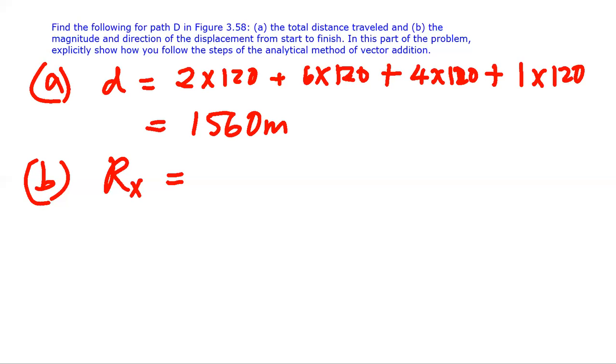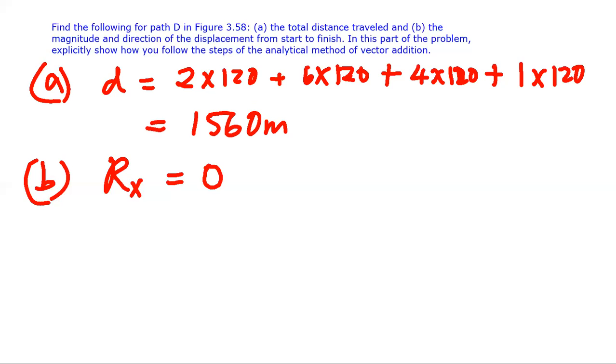So for the first displacement, is there any X component involved? A is only going in the Y direction. We're looking at the path D. So you go 2 blocks in the Y direction at first, so there is no X component in that displacement.